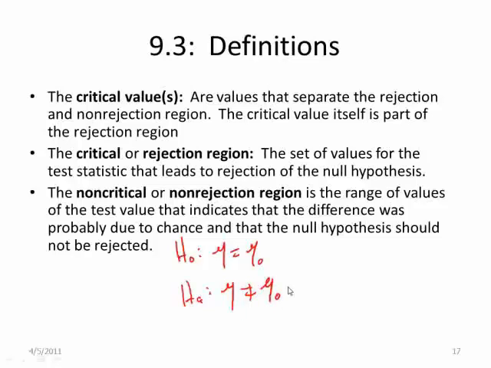So you're going to go out and compute a test statistic, right? Just to set this up a little bit, you are going to have some value right here of mu naught under the null hypothesis.